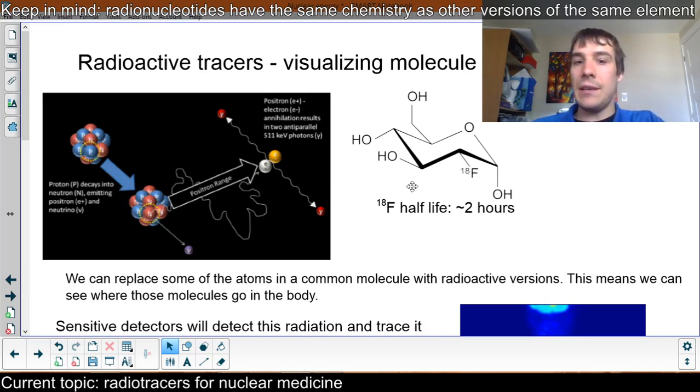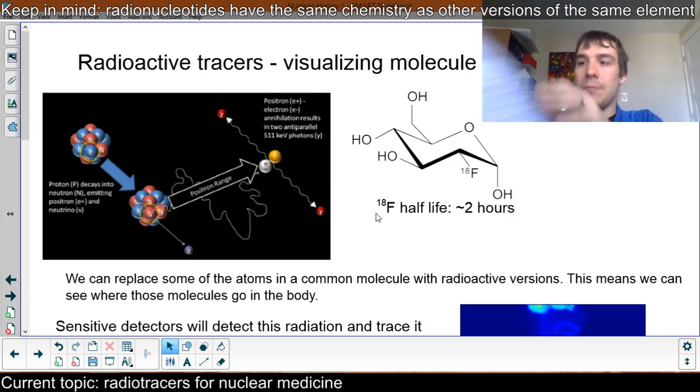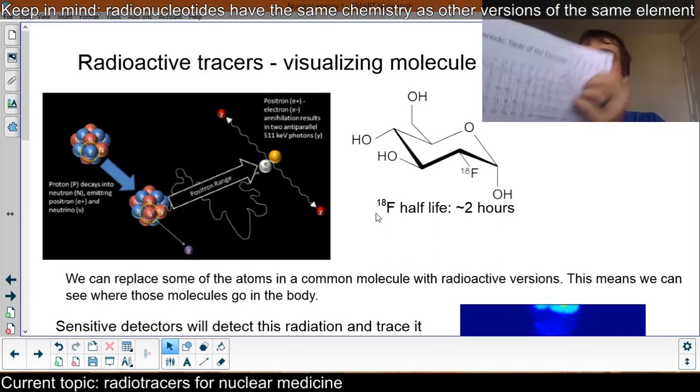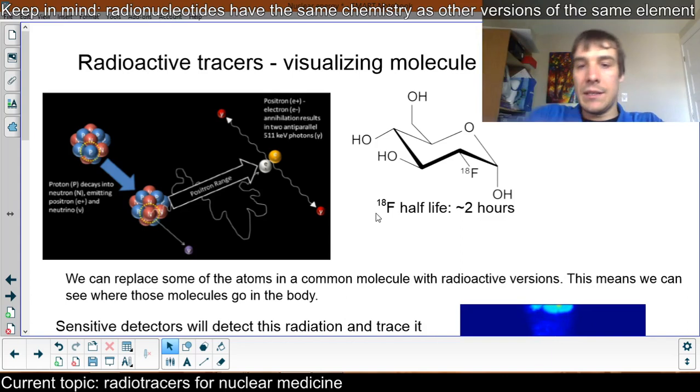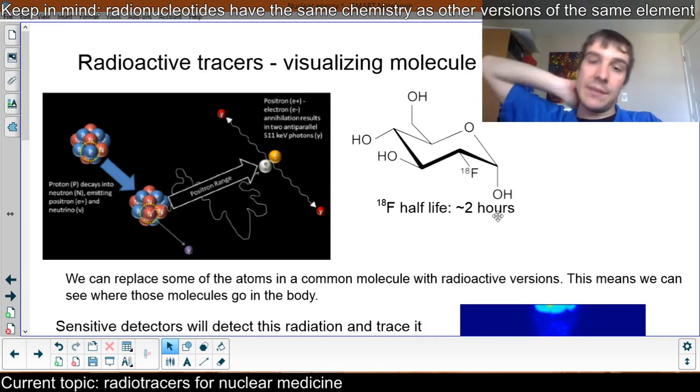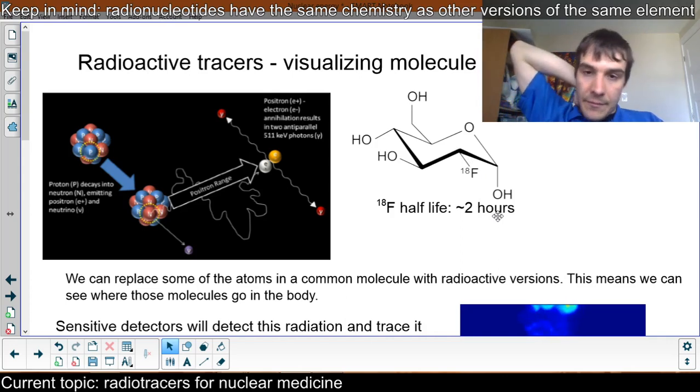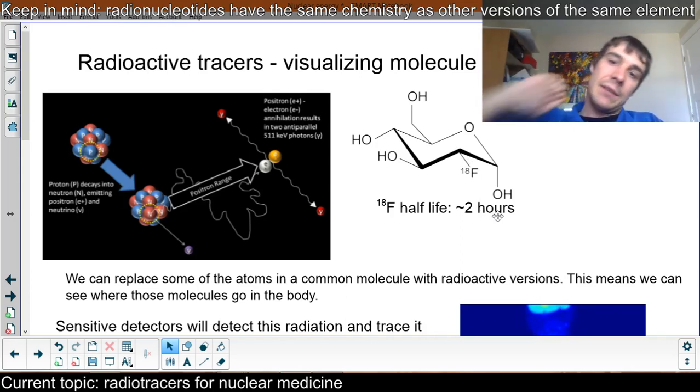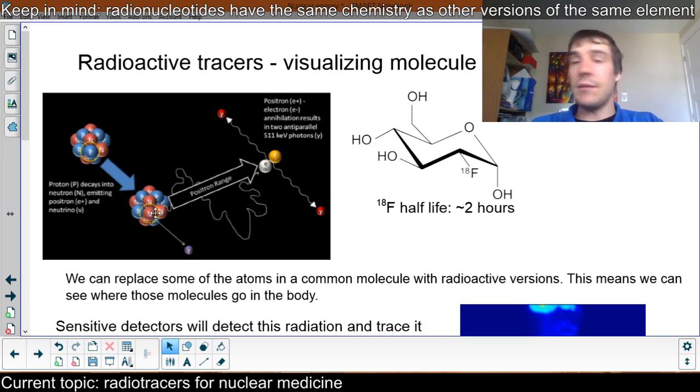Fluorine is atomic number 9, so there's 9 protons there. So fluorine-18 is 9 protons, 9 neutrons. That's unstable. It's an odd nucleotide. So every 2 hours, it decays, and it decays by positron emission. So it creates a positron, and the positron hits an electron, and they annihilate, and you get radiation coming out.